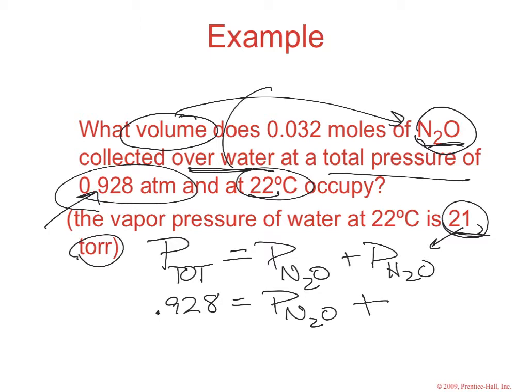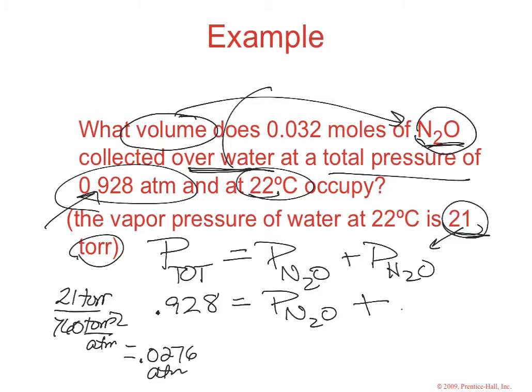So let's see. If we have 21 torr, the conversion factor to atmospheres is 760 torr per atmosphere. I'm going to go ahead and pull out my calculator and see what that is. Okay, so that is not very much, 0.0276 atmospheres.